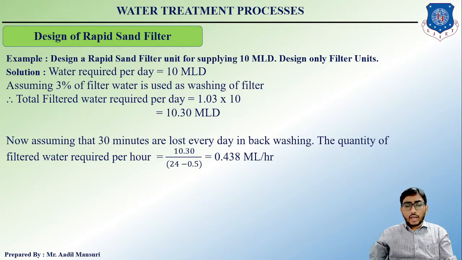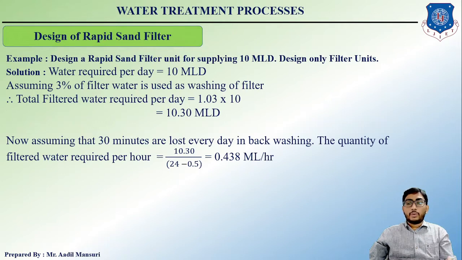Okay. Now, assuming 30 minutes are lost every day in backwashing, we saw that the filter gets clogged because of the sand particles, so we need to backwash it, right? So every day 30 minutes are lost in backwashing. So how much time out of 24 hours will the filtration be carried out?